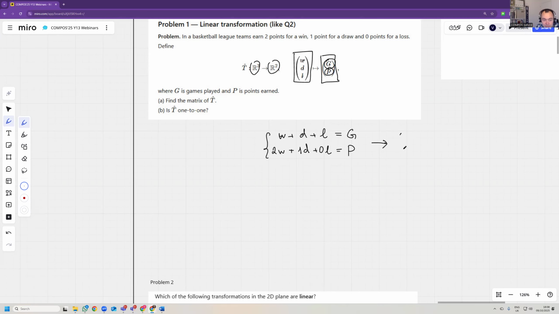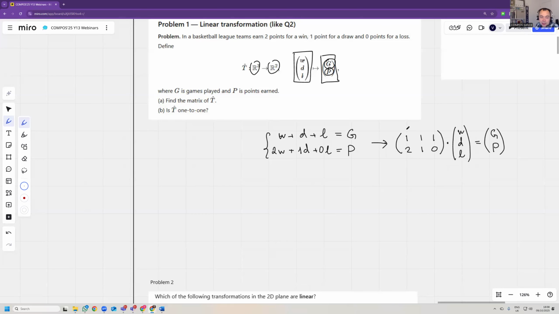like this. 1, 1, 1, 2, 1, 0, multiplied by the vector W, D, L, is equal to the number of games and the number of points.